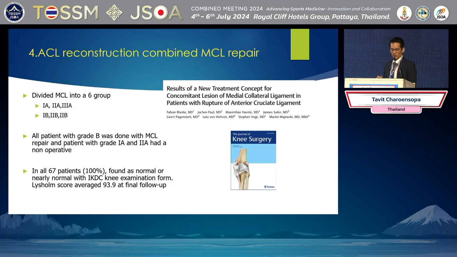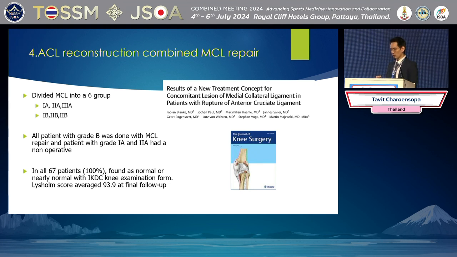About the next choice, the ACL reconstruction combined with the MCL repair. Which MCL injury should be repaired, except the sternal lesion? From this study, the MCL injuries were divided into 6 groups determined by physical examination after 6 weeks of injury. They divided into grade 1, 2, 3 of the MCL injury combined with grade A, the negative Slocum test, and grade B, the positive Slocum test.